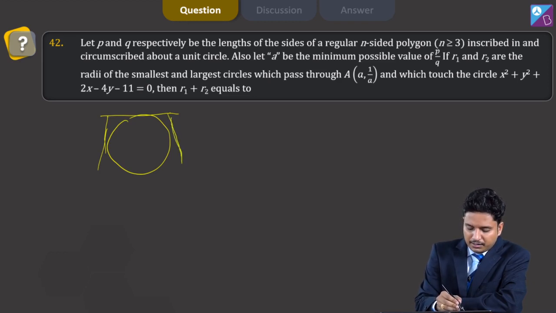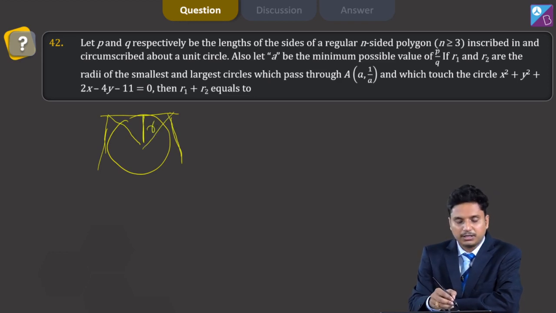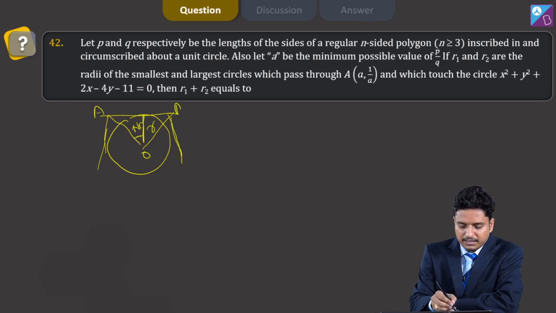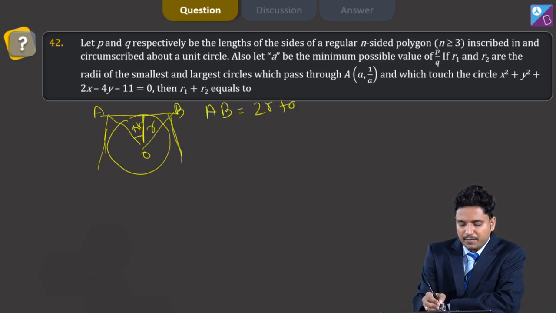This is R for the circle, and 2 pi by n will be the angle subtended at the center. This will be pi by n. In that case, if this is R and this is angle pi by n, this side AB will be equal to 2R tan pi by n.